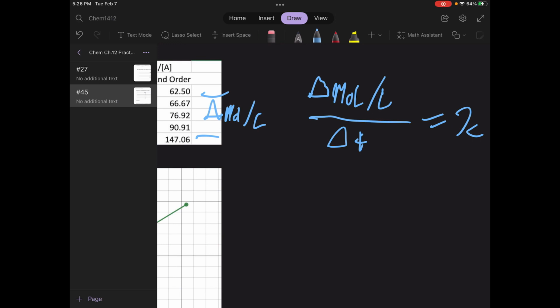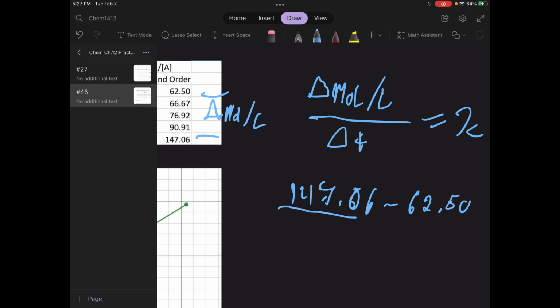By plugging in our values, we get 147.06 minus 62.50, over our change of time, 6,010 minus 195. Sorry, that doesn't look like a 5, let me fix this.